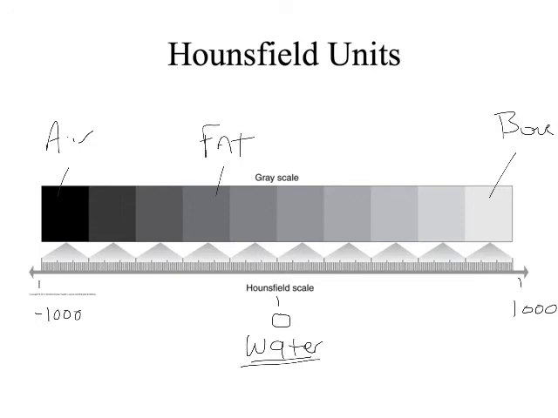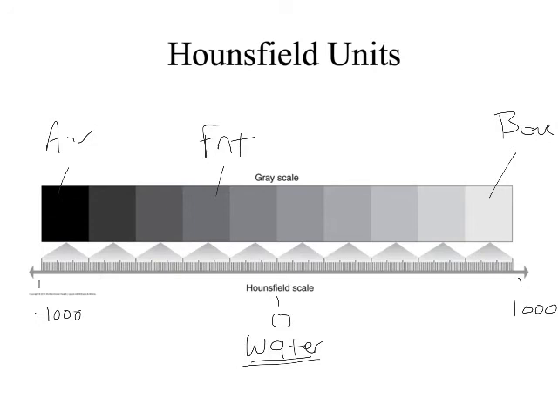If I had a chunk of human fat for some reason that I'm walking around with, and I dropped it into a cup of water, it would float, right? And it is one of the few structures in the body that would. So lipid content will show up in a negative range on the Hounsfield unit scale.